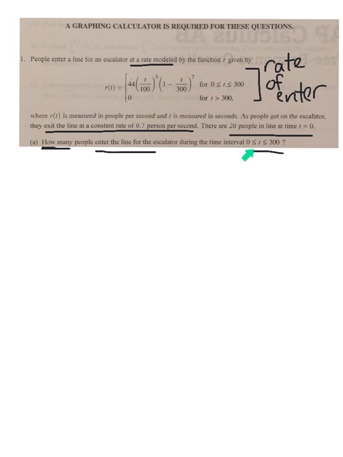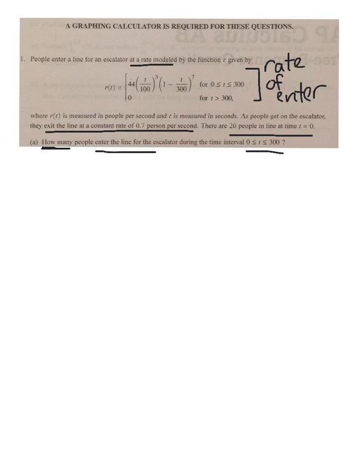Now it does say from time 0 to time 300, so look at these two domains here, and we're only going to be integrating this piece right here. We're not going to be touching this part of the piecewise function because that deals with times that are greater than 300.